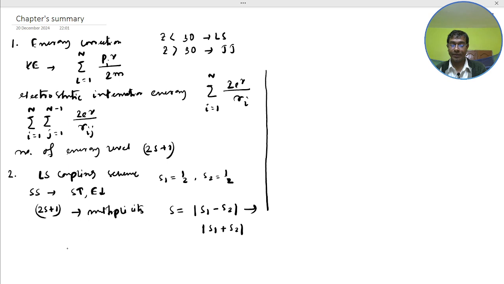This is the spin effect, and the second one is the residual electrostatic interaction.